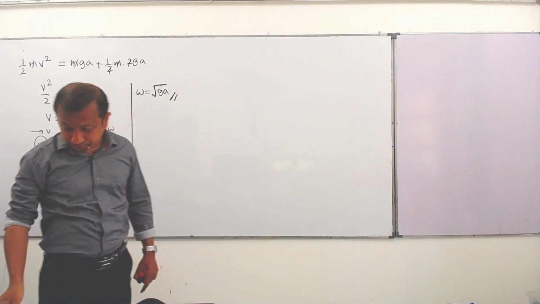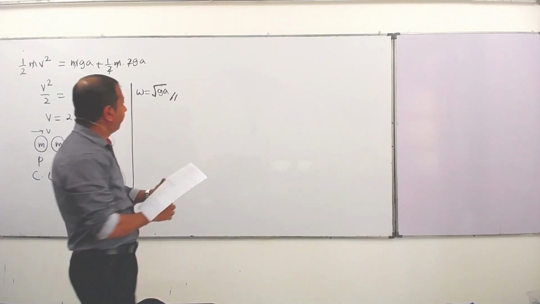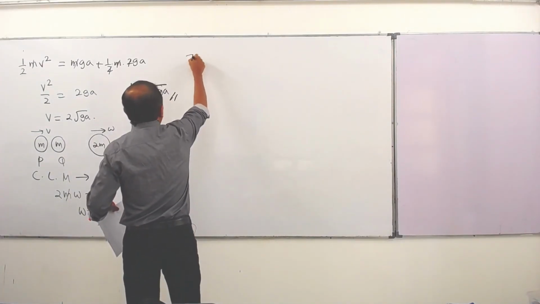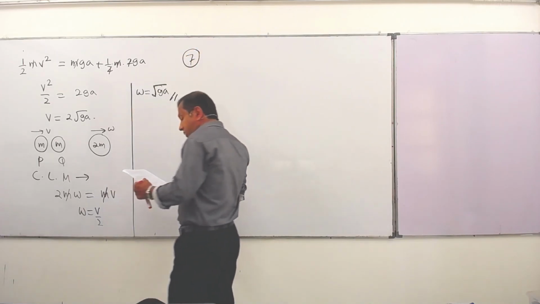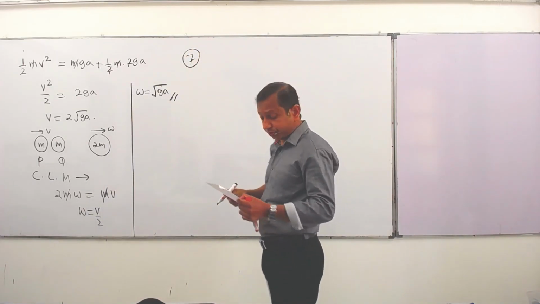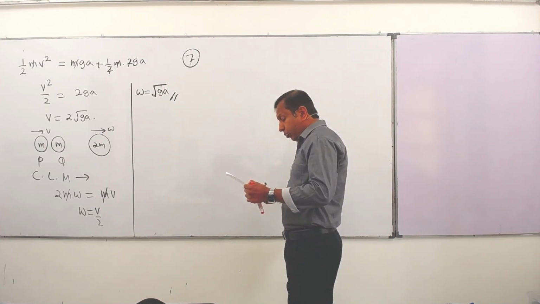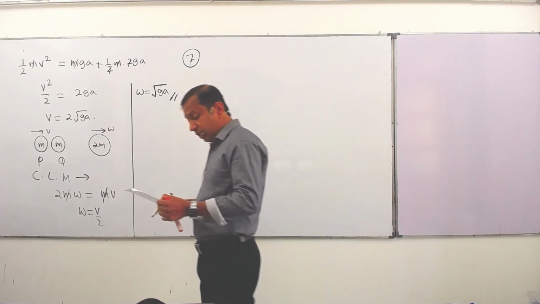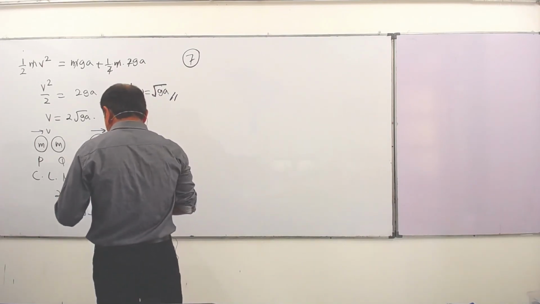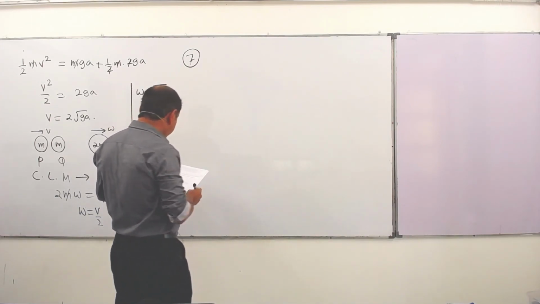Projectile question. The motion of a particle projected under the gravity with velocity u inclined at an angle theta to the horizontal is perpendicular to the initial direction of projection after time t.